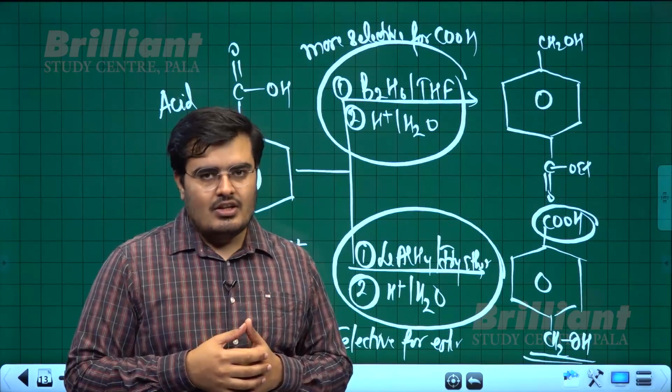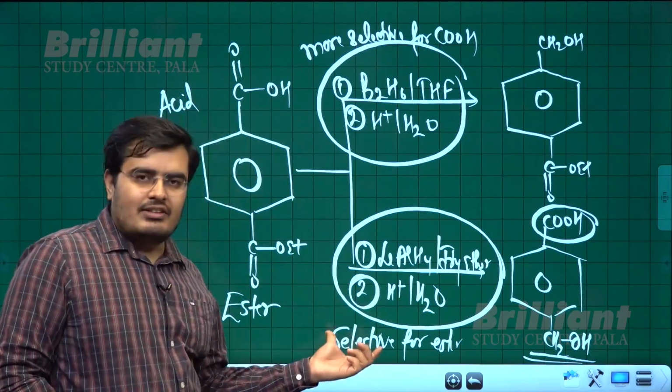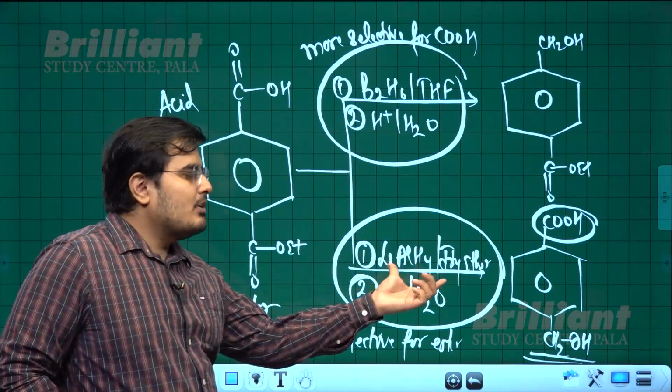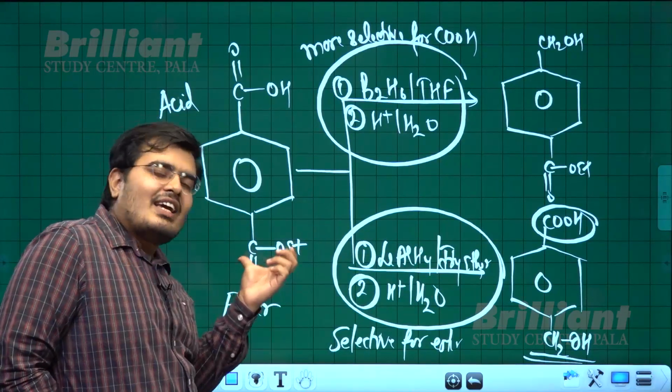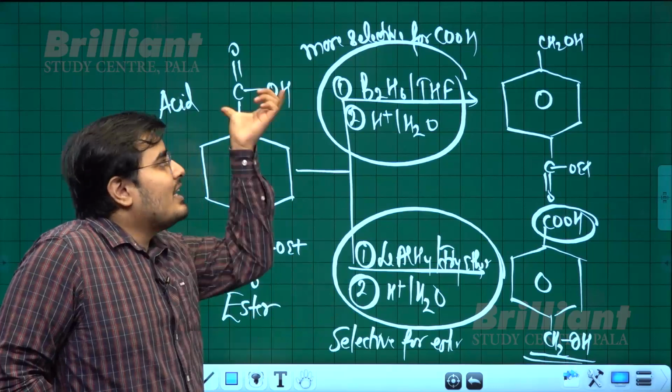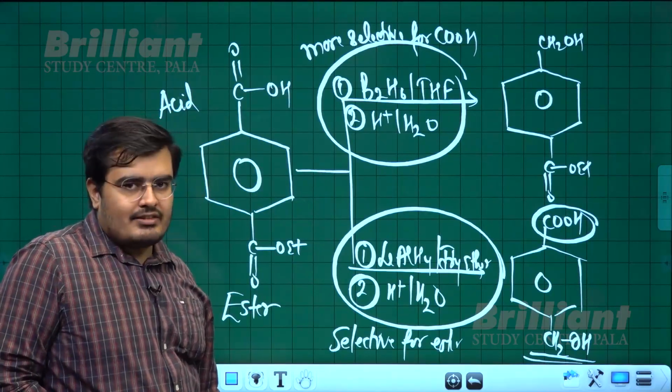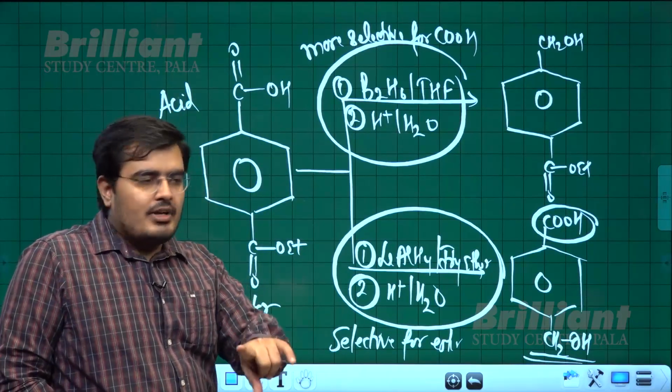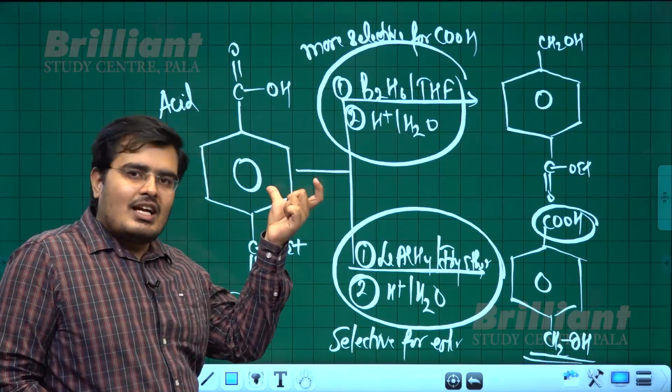So based on the reactivity difference, the time that they take will be different. For example, since it's more selective for ester, if lithium aluminium hydride is reducing ester in 1 hour, it may take 5 hours for the carboxylic acid, but it will get your job done even for an acid.